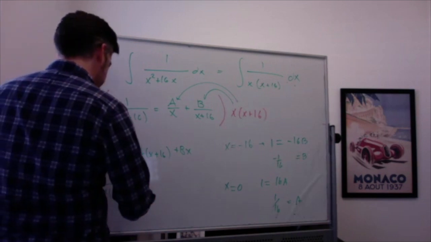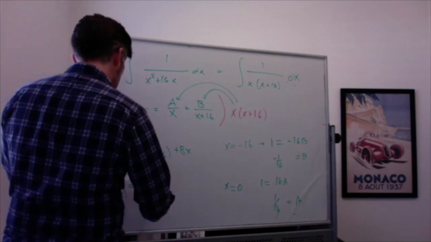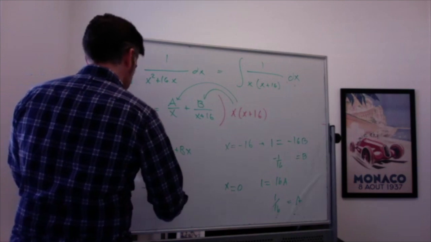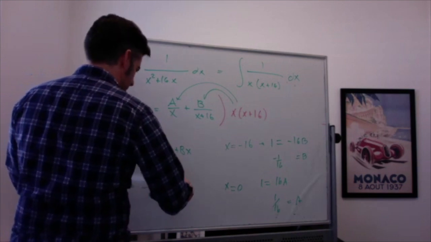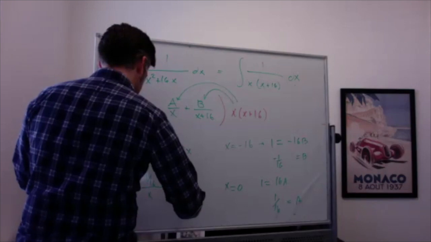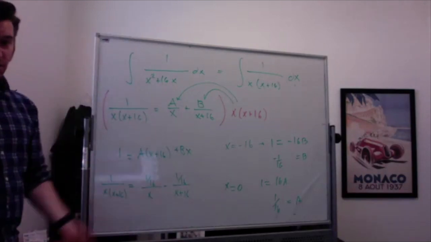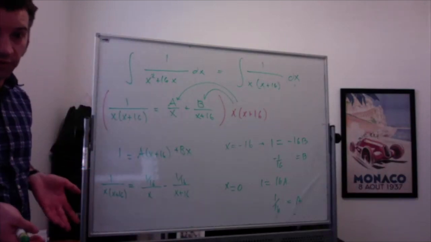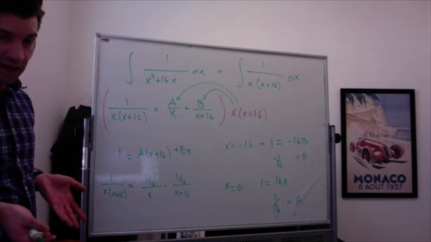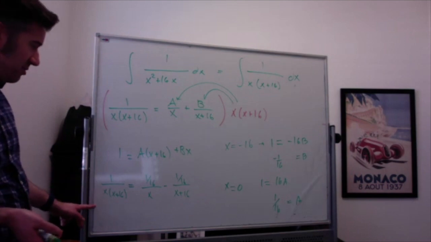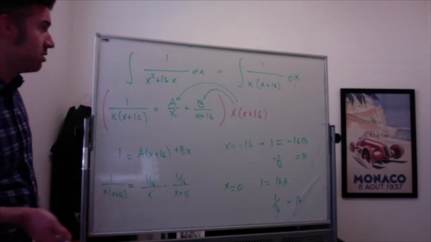So it is in fact true that this expression, 1 over x times x plus 16, is equal to 1 over 16 over x minus, I'm going to write it as minus 1 over 16 over x plus 16. These two expressions are completely equal for any value of x. And that means if I want to integrate this one, I can just integrate that one.